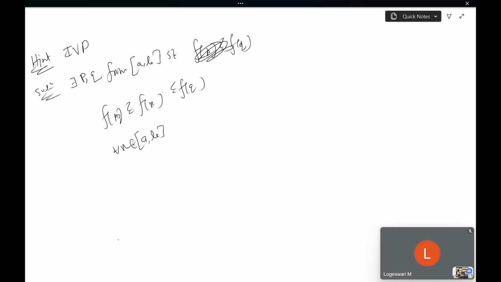So now, obviously f(p) is less than or equal to (f(x1) + f(x2) + f(x3))/3, which is less than or equal to f(q).